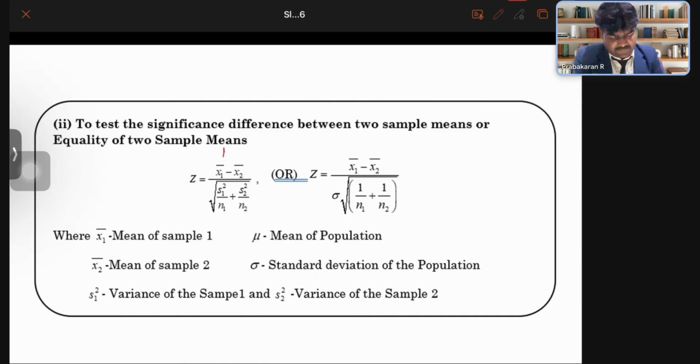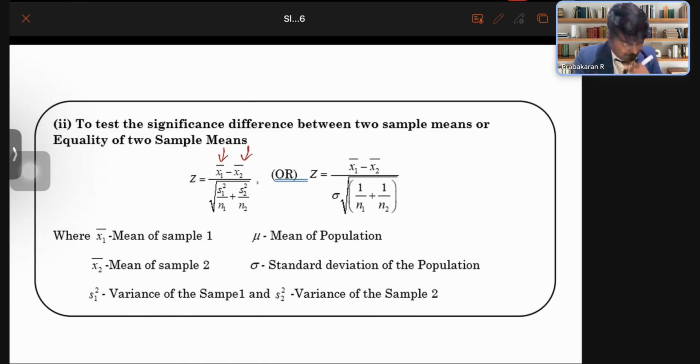That is x1 stands for first sample, second sample, s1 square by n1, standard deviation of first sample, standard deviation of second sample, and n1 represents sample size 1, sample size 2 is n2. If instead of giving the standard deviation of sample 1 and sample 2, they are giving standard deviation of population, the formula will change, right?